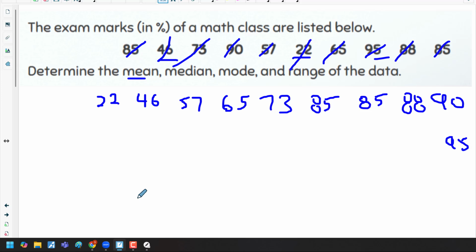Calculator, 22 plus 46 plus 57 plus 65 plus 73 plus 85 plus 85 plus 88 plus 90 plus 95. And divide by 10 because I know that's how many there are. And the mean is equal to 70.6.